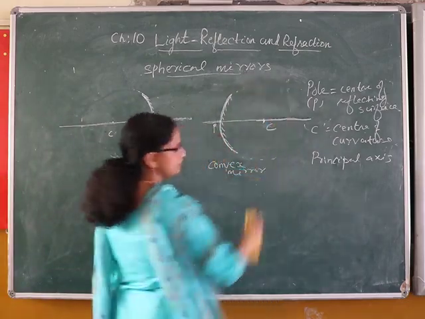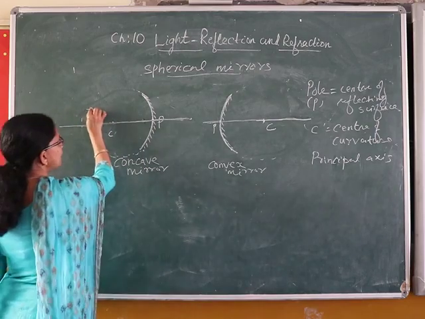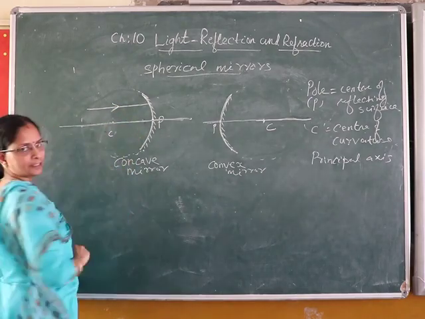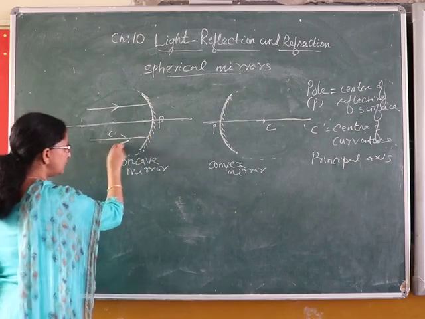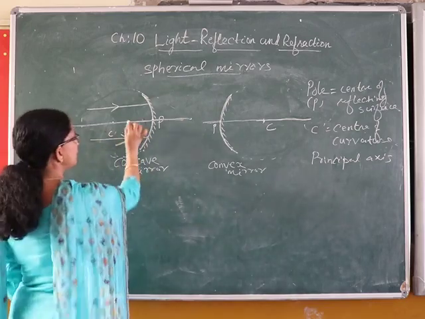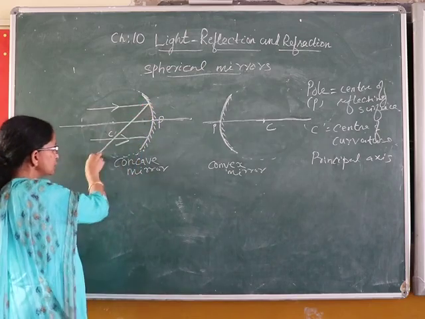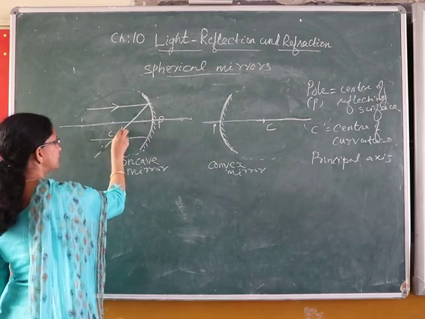If a parallel beam of light strikes the concave mirror, after reflecting from the mirror, these rays pass through a common point on the principal axis. It bounces back and passes through a common point on the principal axis.